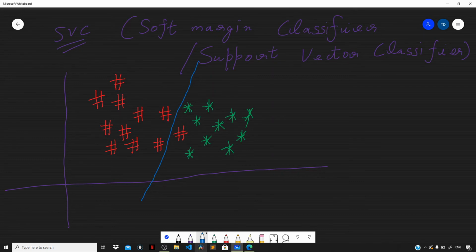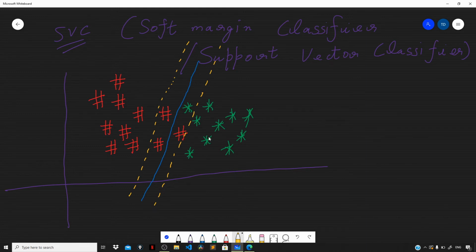So let us say our two margins are this and say this. So all these three lines, the two dotted ones and the hyperplane, are parallel to each other just as we had in the maximum margin classifier.